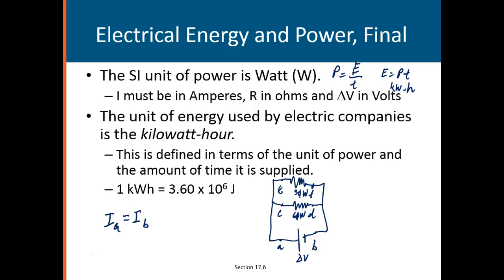All right. Now, usually we don't think of it in terms of resistors in terms of wattage, except for light bulbs. Now, what does it mean for a 60-watt bulb? Is that going to have more current or less current than the 30-watt bulb? Okay?